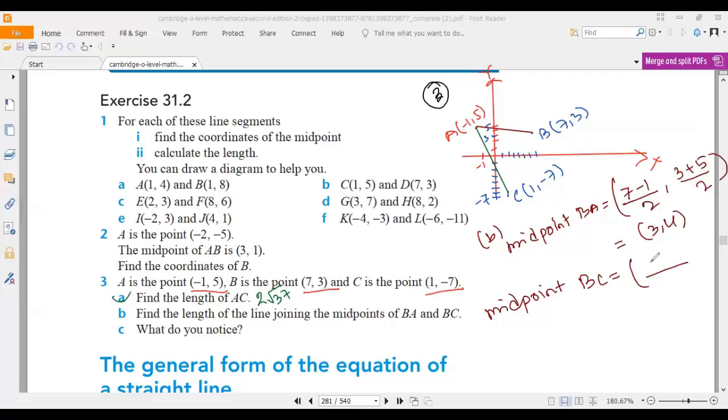BC will be ((7 plus 1)/2, (3 minus 7)/2). Now we need to complete this one. 7 plus 1, that is 8 by 2 is 4. 3 minus 7 is minus 4, by 2 will be minus 2. So here we can say the midpoint of BC will be (4, -2).